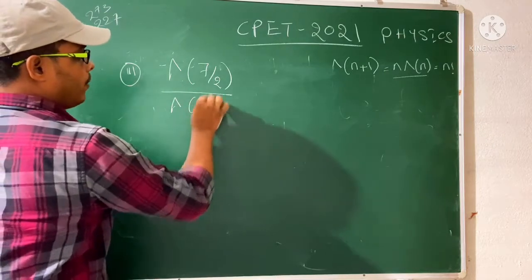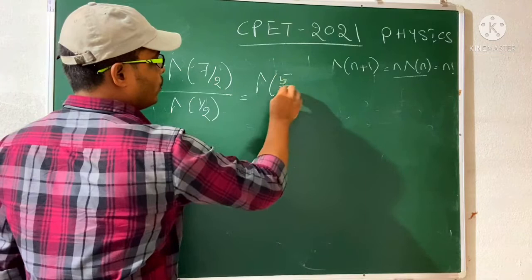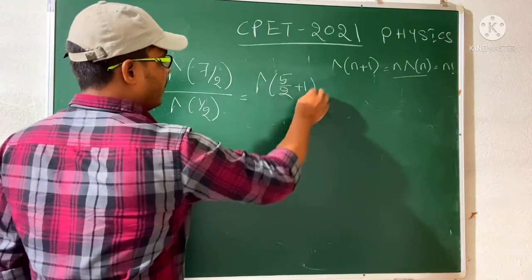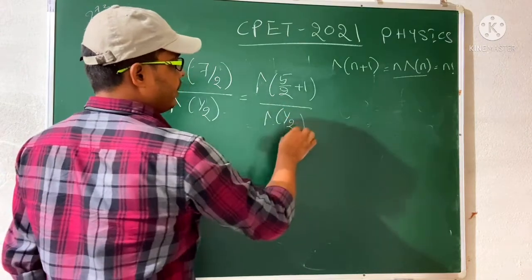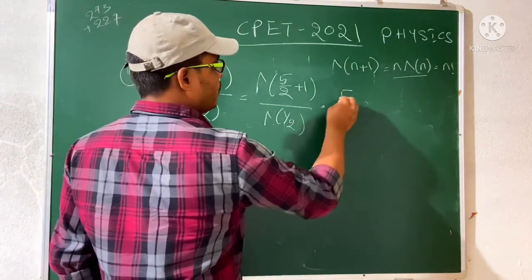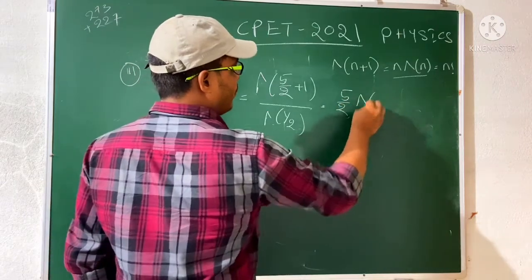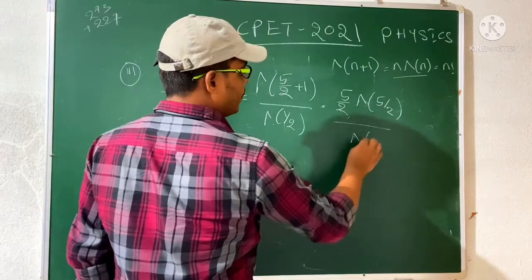So remember, gamma of 7 by 2 we can write as gamma of 5 by 2 plus 1, divided by gamma half. Again use the technique gamma of n plus 1, that is n into gamma of n. So 5 by 2 into gamma of 5 by 2 divided by gamma half.